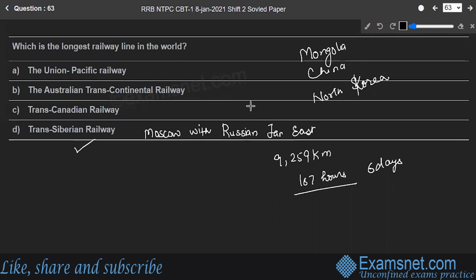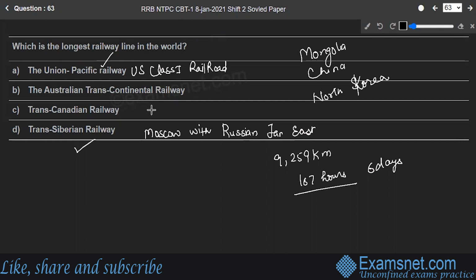It also transported Soviet troops west from the Far East to take part in the Soviet counter-offensive. If we talk about the Union Pacific Railway, this railroad is a US Class 1 railroad owned by Union Pacific Corporation, operating 31,800 route miles of track and covering 23 states.